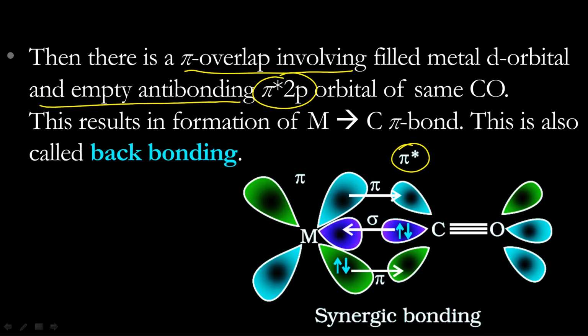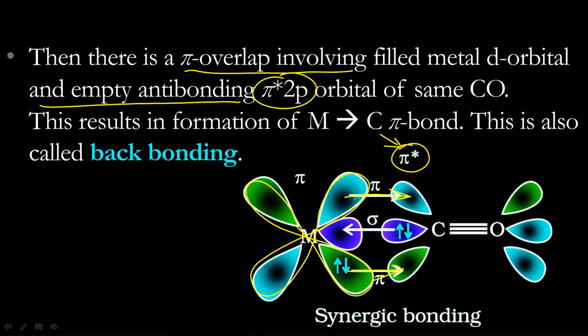But I'm not going into those details. So there will be anti-bonding orbitals here. And see what happens. Remember, these are pi electrons of the d orbital, the 4d orbital. These will give their electrons back to the empty anti-bonding orbitals of the carbon.